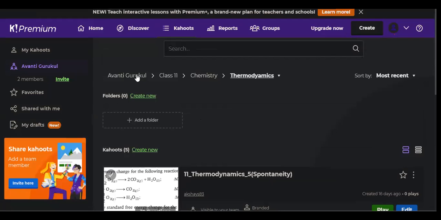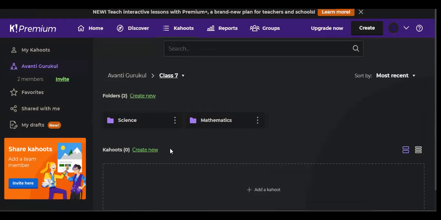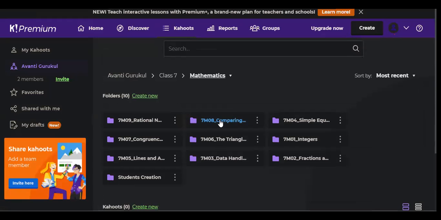So we'll play 2 or 3 Kahoots today. Okay, 2 or 3, right? One from this chapter and then another for previous chapters, because we haven't played for previous chapters also now. So one for this chapter. Where is this? Yeah, triangle.